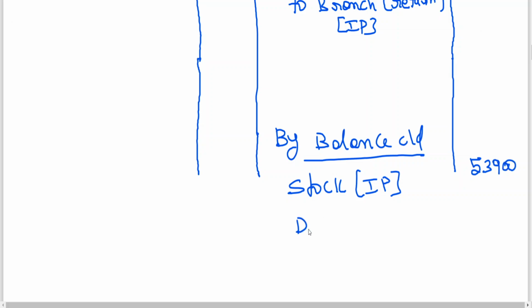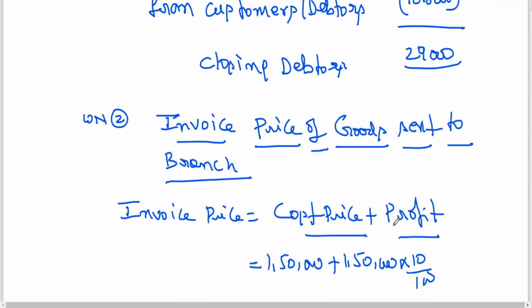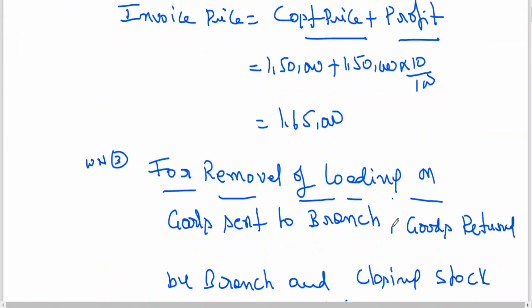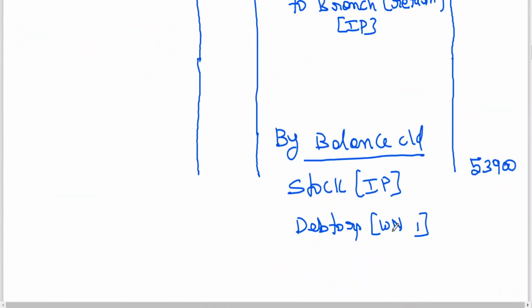Then debtors, working notes number 1, 29,000.